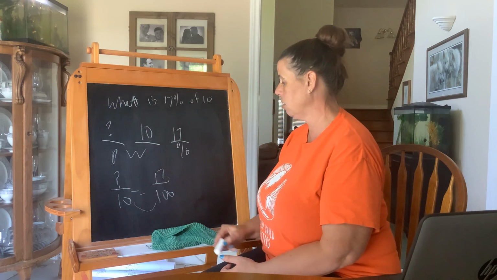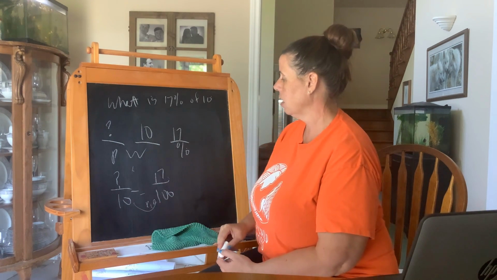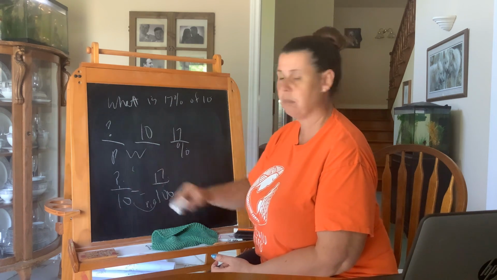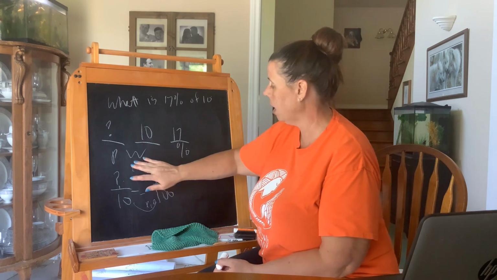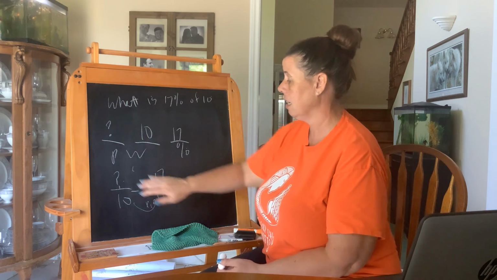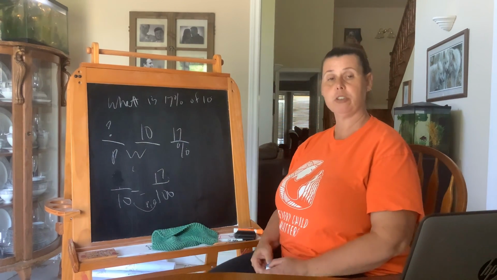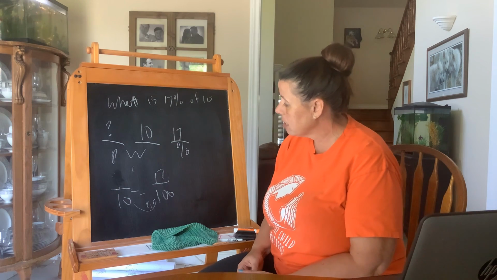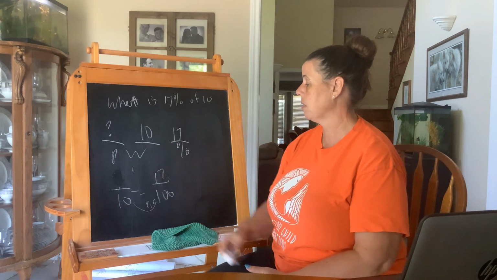Can I get from 10 to 100? Absolutely. Times 10. So it's got to be something times 10 to give me 17. So I'm glad I chose this one. You might want to use your calculator to figure out what 17 divided by 10 is to get that.